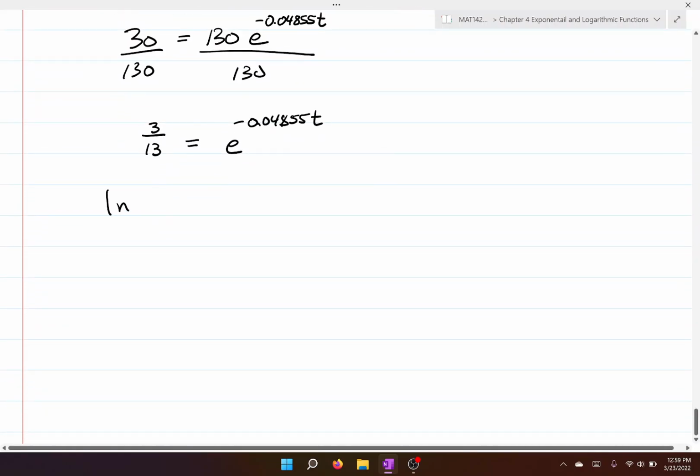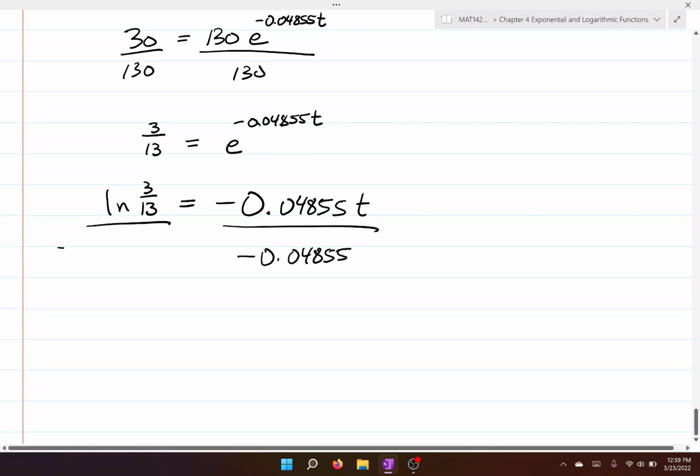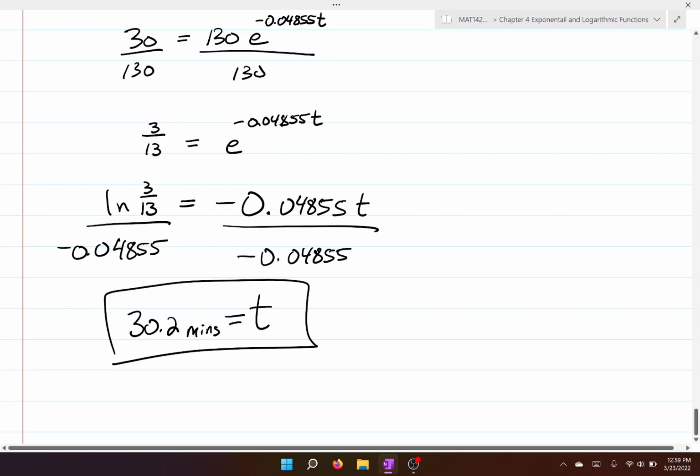Finally, we take the natural log of both sides. And I'm just going to write negative 0.04855 t because we know we're going to pull it out in front. ln of e is 1. And then finally, divide both sides of the equation by negative 0.04855. And t equals 30.2 minutes. So if you just let it sit there, in about a half hour, the coffee would be 100 degrees Fahrenheit, which I think is pretty safe to drink.